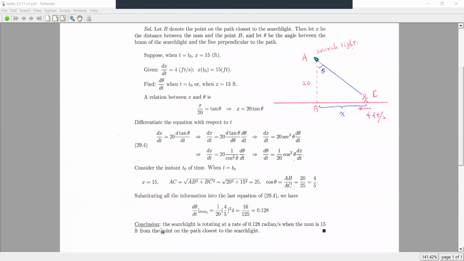Conclusion: the search line is rotating at a rate of 0.128 radian per second when the man is 15 feet from the point on the path closest to the search line.